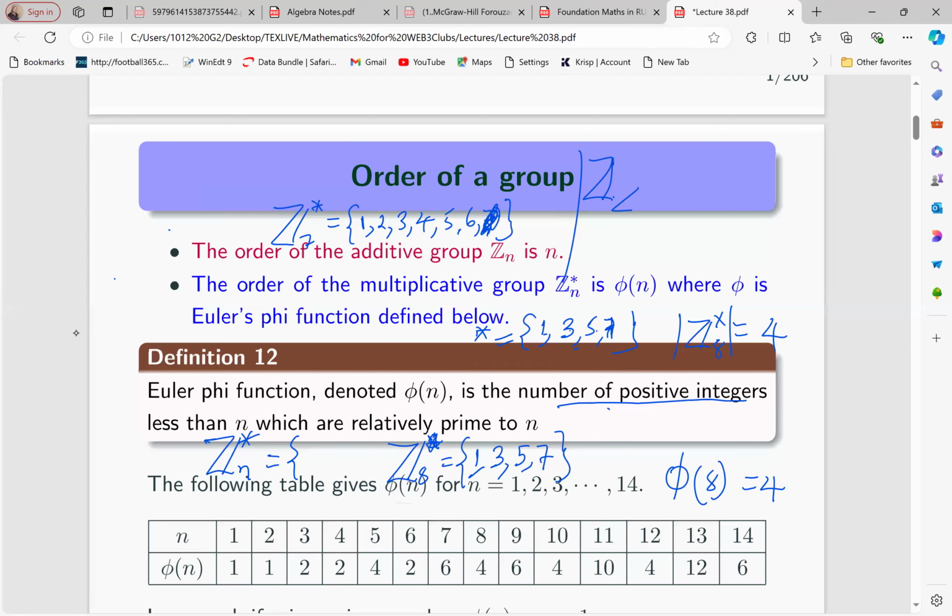I've given a small table here. When n is 8, the Euler phi is 4. When n is 9, the Euler phi of 9 is 6. So what is now interesting is how do we calculate the Euler phi of a number?